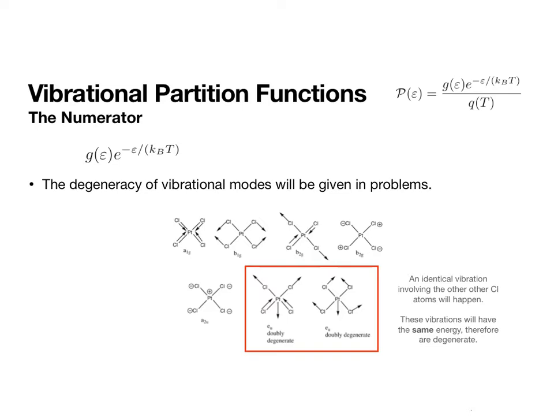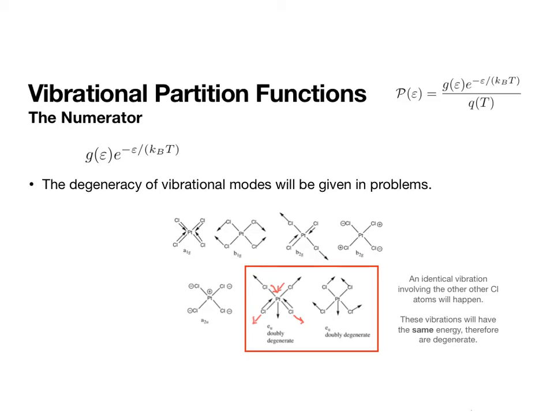In this, there are two doubly degenerate normal modes. The one that is being indicated has the two bottom chlorines going in and the two upper chlorines going out. Well, there is another motion where the upper chlorines go in and the bottom chlorines stretch out.